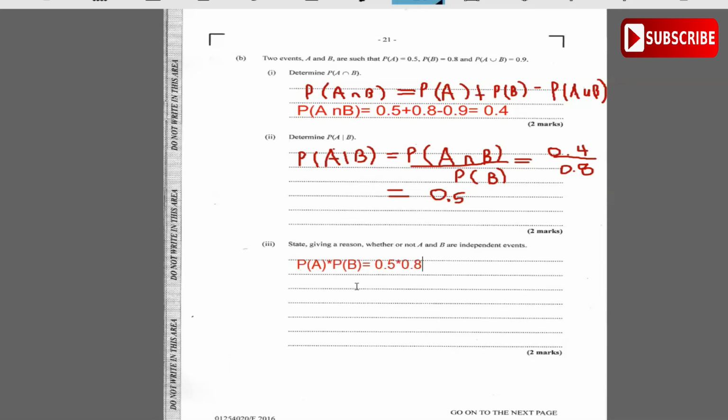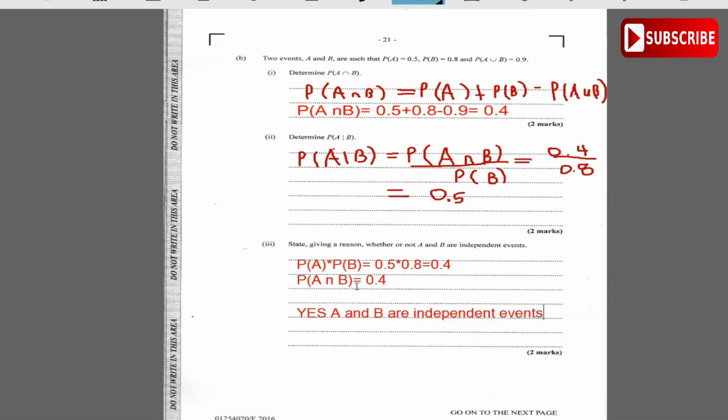That is equal to 0.4. Also, the probability of A intersect B is equal to 0.4. And so yes, A and B are independent events.